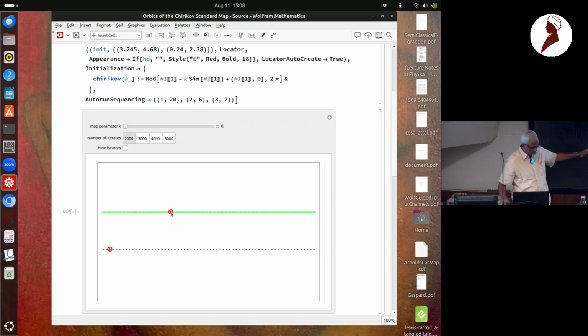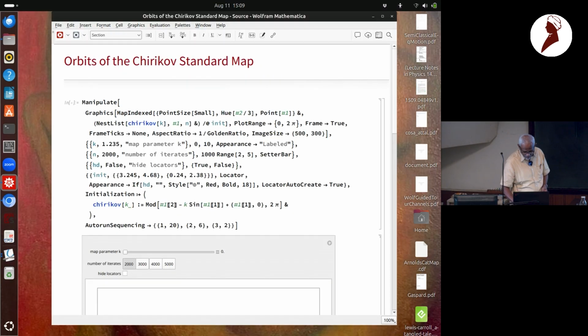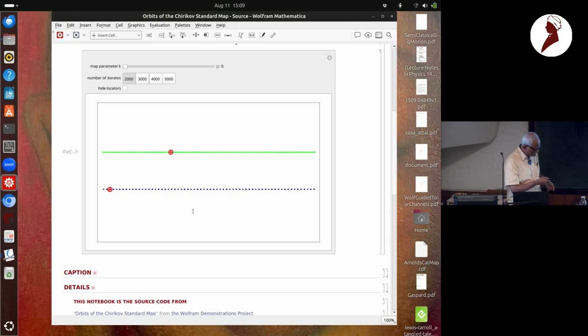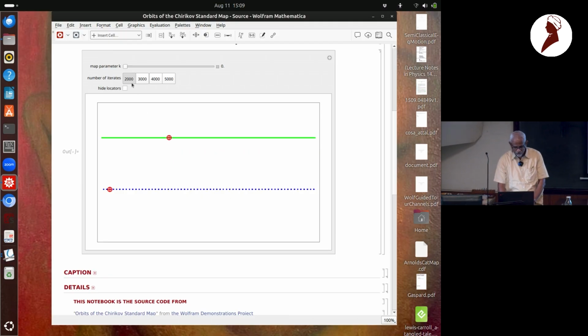So this axis here is momentum, and this is q. So think of the 0 to 1, this is momentum 0 to 1. Actually in the program it's 0 to 2 pi, but that's just a matter of scaling. So this is constant momentum at k equal to 0. And what happens when you click at one point is that it is iterating this 2000 times, and it's creating a bunch of points just along that line.